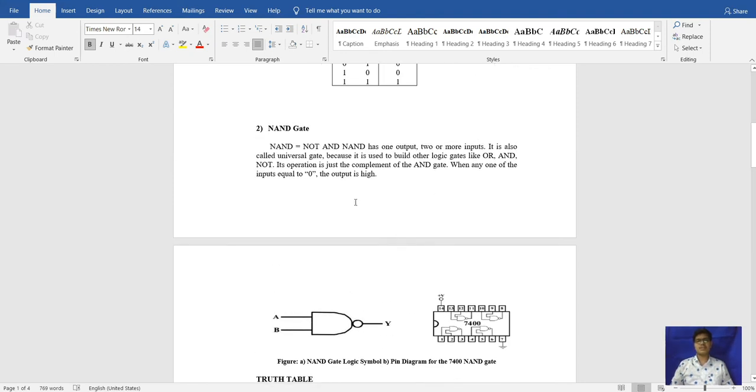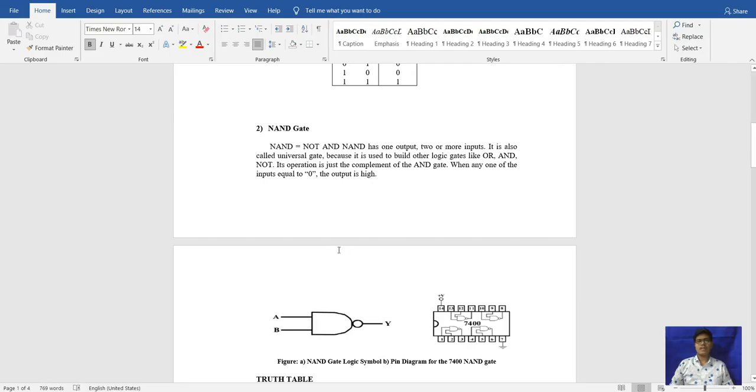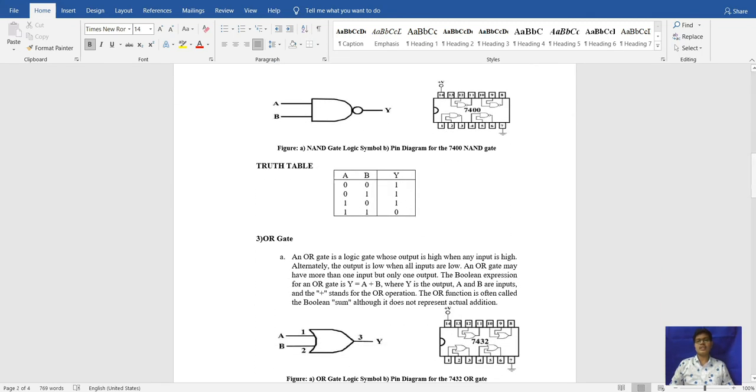Here we can see the complement of the AND gate: when the input is 0, the output is high. Now when we check this NAND gate circuit, again we check 0 into 0. Here the LED is blinking. Again 0 into 1, that is 1.